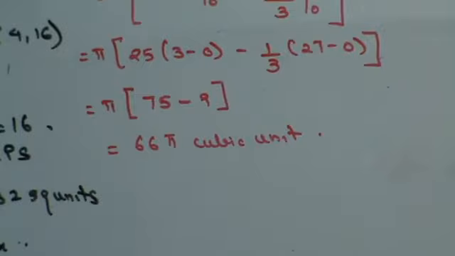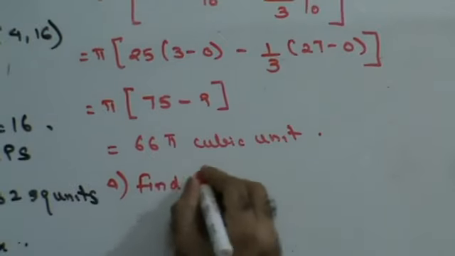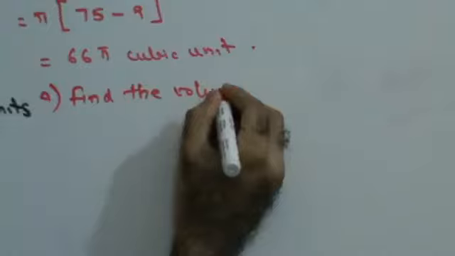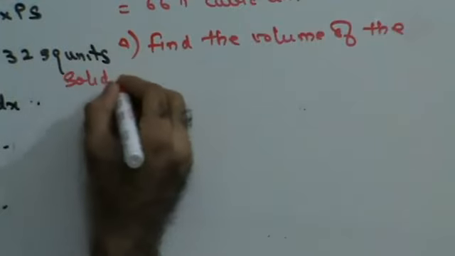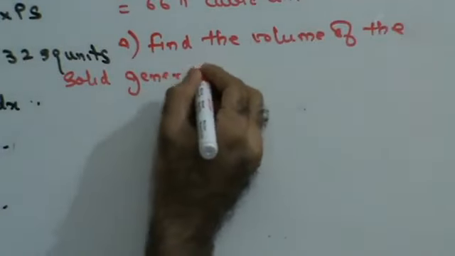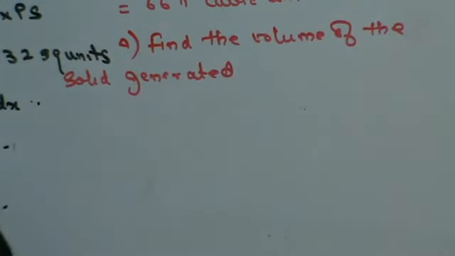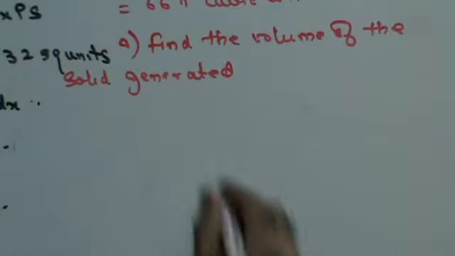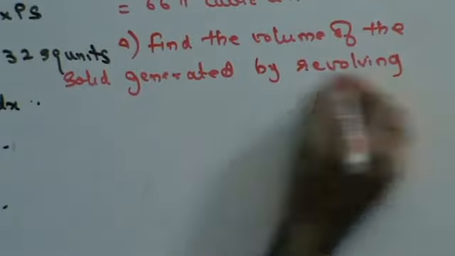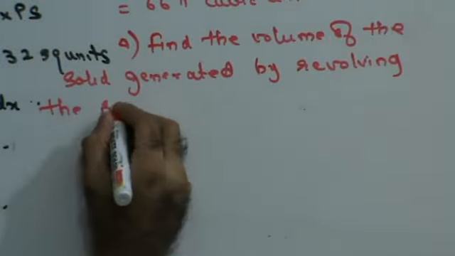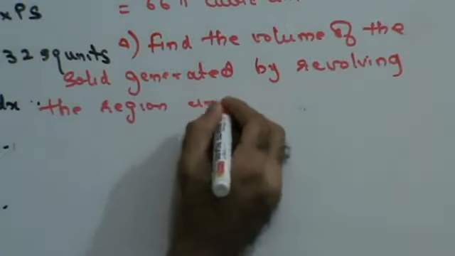Next, let's see another sum. Find the volume of the solid generated by revolving the region under the curve.